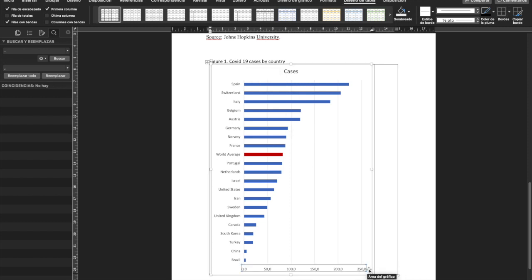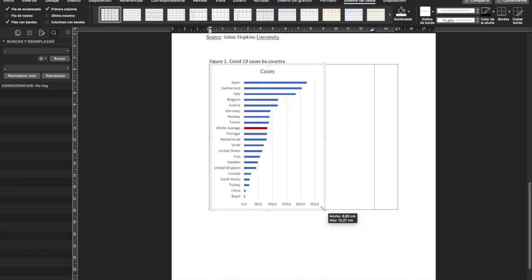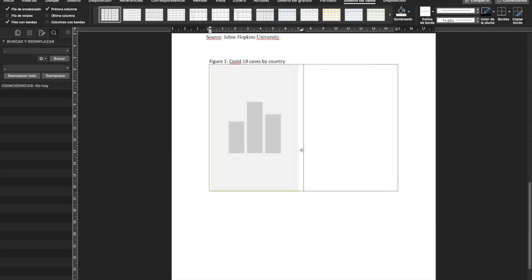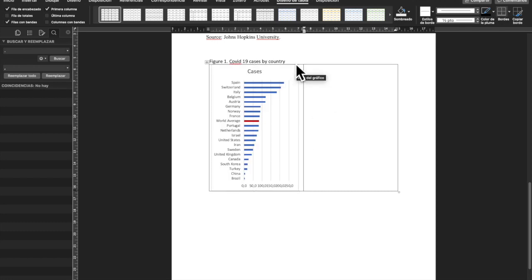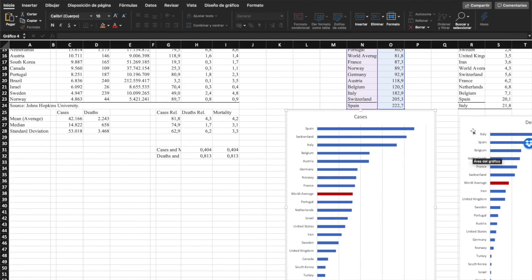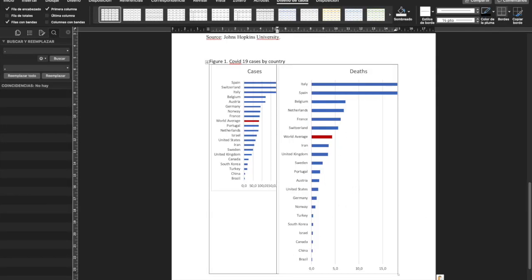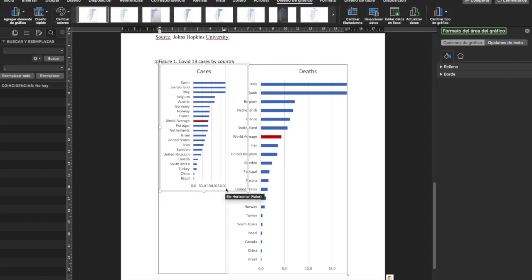So I can now just change the size, and put both cases and deaths. Let me see what is the size of this. Let's do it by hand.